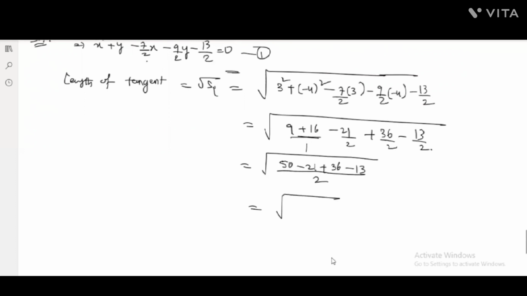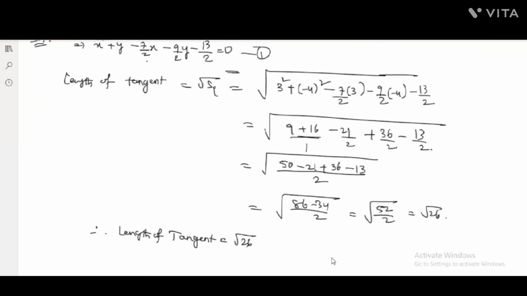So this will become 52 by 2, which is equal to root 26. Therefore, length of tangent is equal to root 26. So hope this problem is clear.